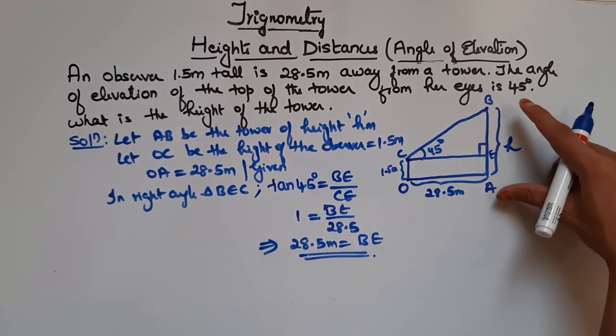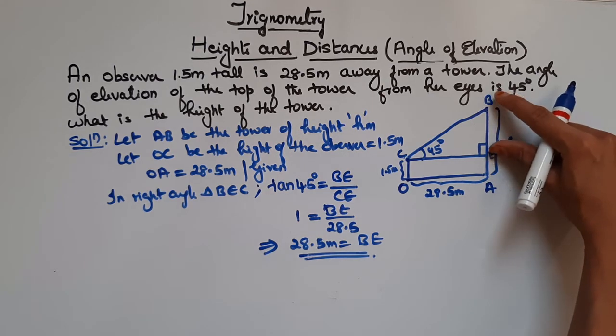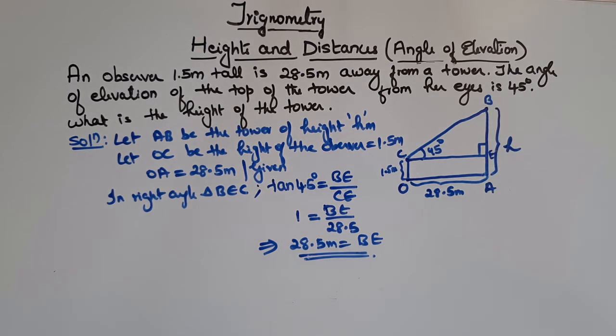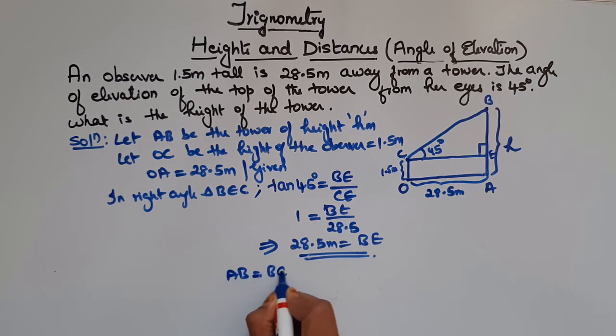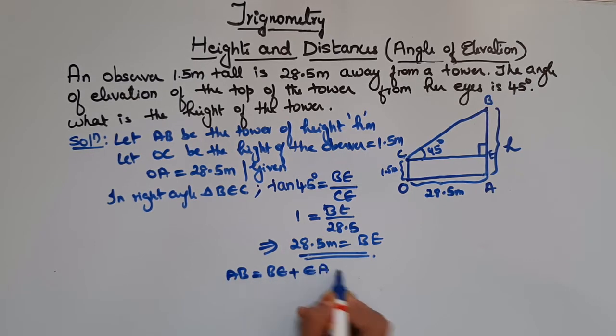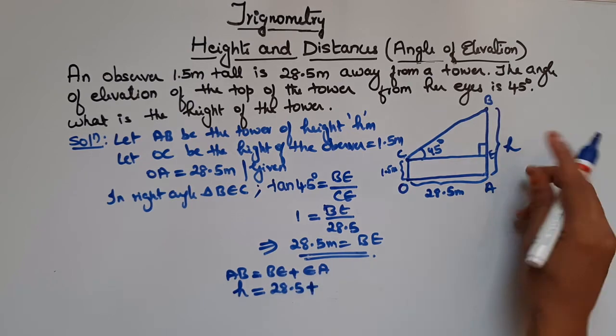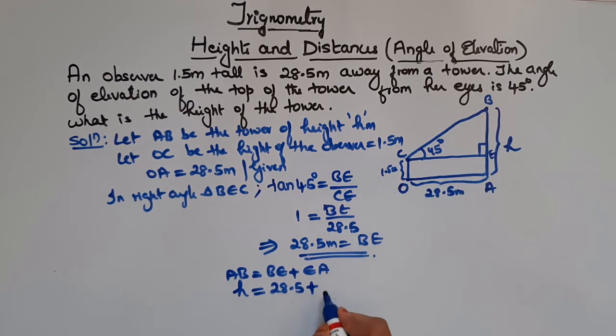So from the diagram we know AB is equal to BE plus EA, right? So AB, which is H, is equal to BE, we got as 28.5, plus EA, which is nothing but 1.5 meter.